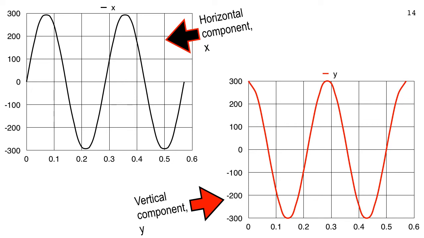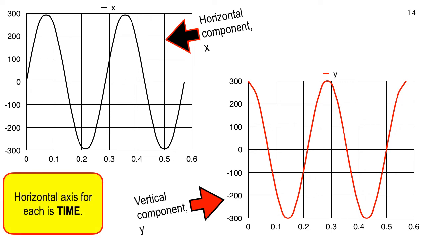In other words, the Y coordinate of a point on the circle, if the point represents the location of an object that's moving on the circle. And the horizontal axis of each is time.